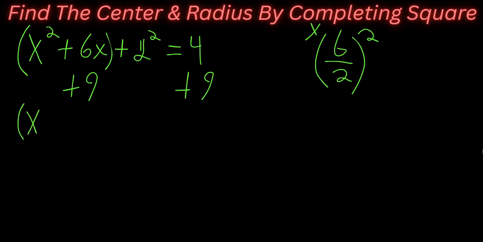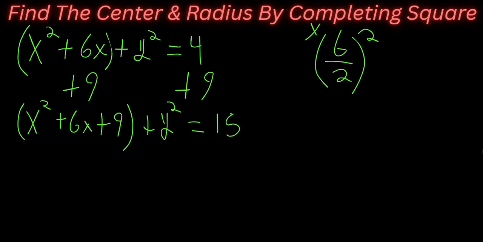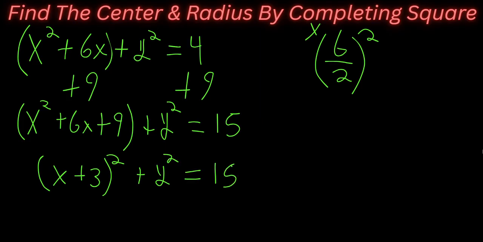So we then have a perfect square trinomial, x squared plus 6x plus 9 plus y squared equals 9 plus 4 is 15. So we factor these x terms to get x plus 3 squared plus y squared equals 15.